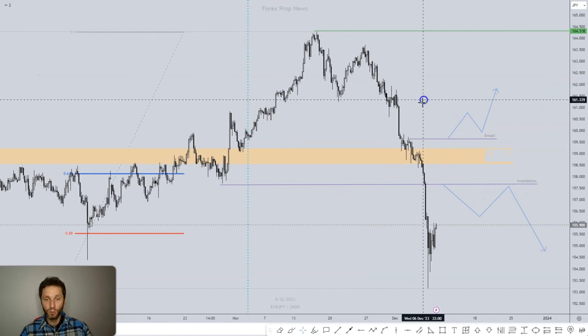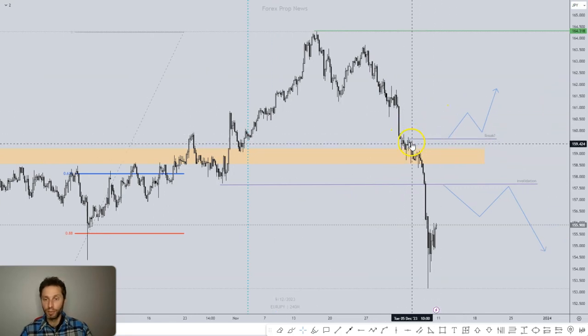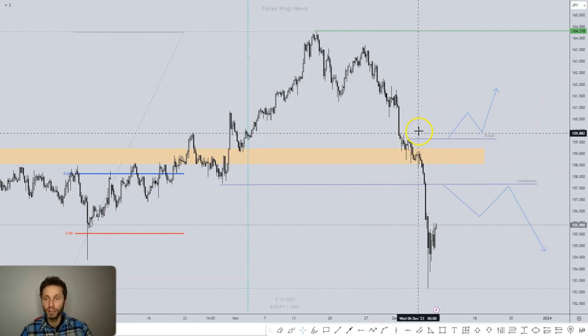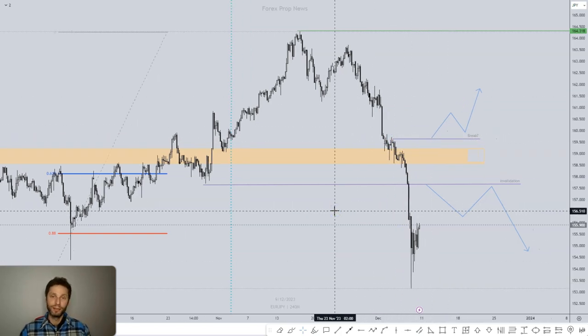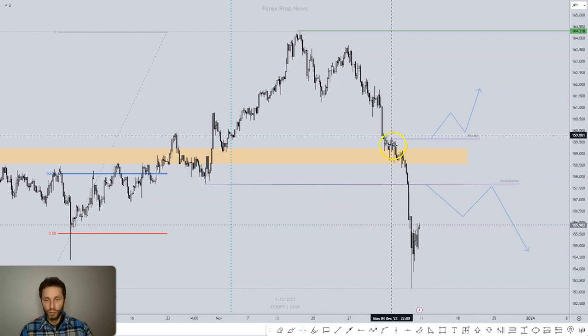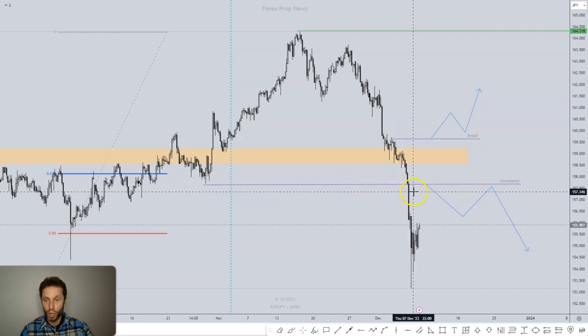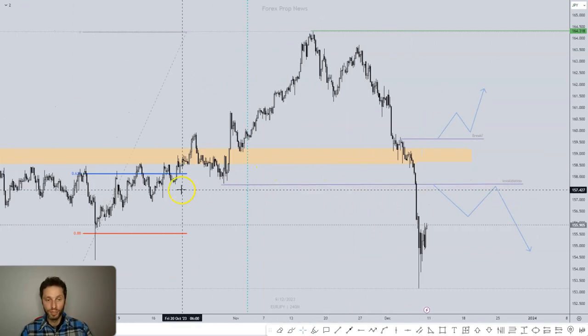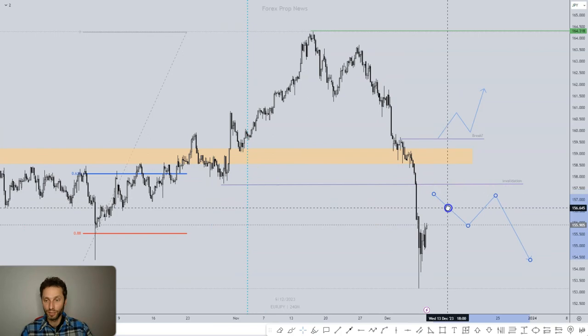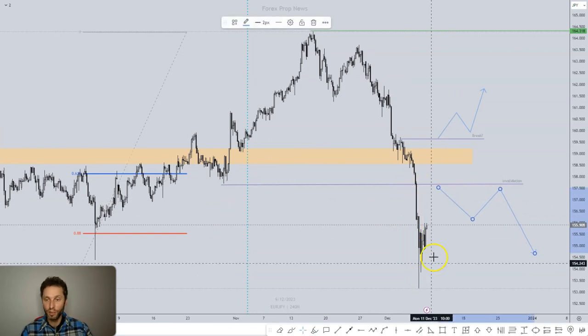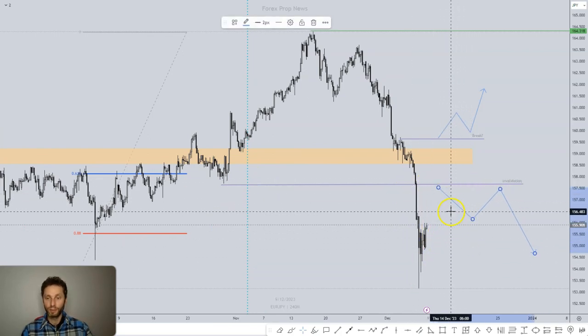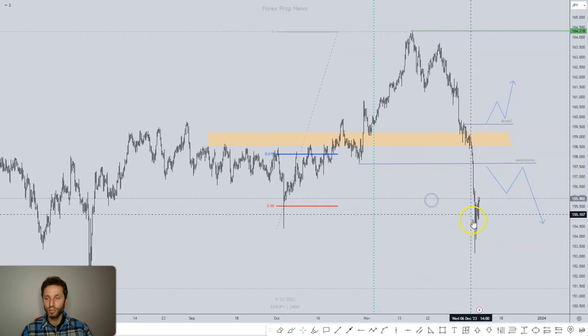Euro yen was another one. Wanted to see a break here to go higher. That did not happen. We had a breakdown. Again, I think it was the Bank of Japan intervention and news there, and that went lower. We were looking at this being the invalidation, and the second scenario being a break lower, getting a better price and moving lower still, continuing.